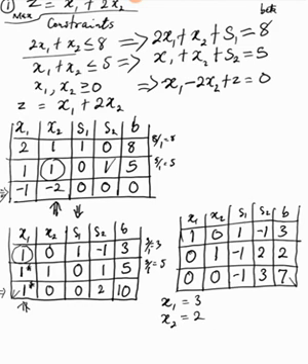Now, to determine the maximum or to maximize z now, recall that max z is equal to x sub 1 plus 2x sub 2.